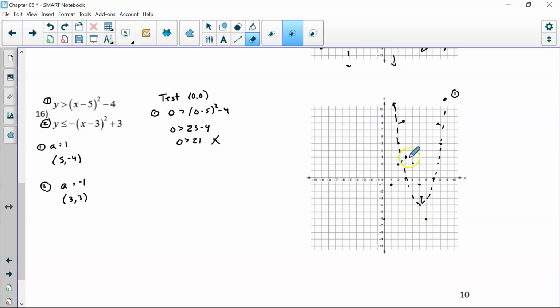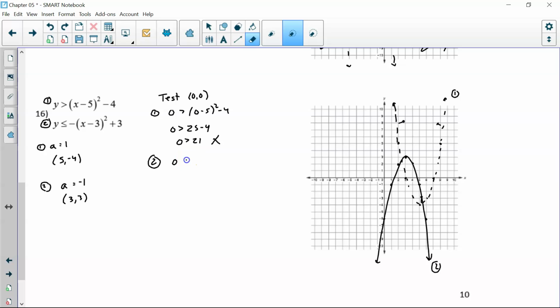And we're going to use this time a solid line because it's or equal to. And now I'm going to pick a test point that's not on the graph. I'll use 0, 0 again.